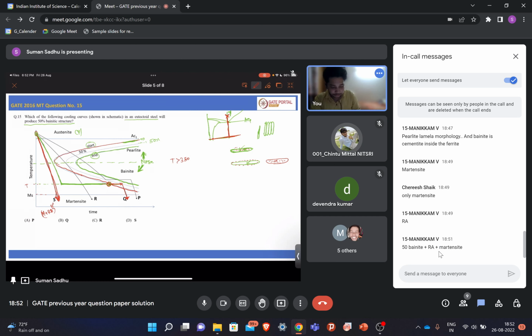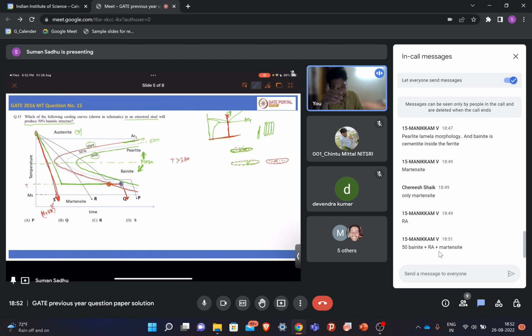As it is touching this transformation curve below the nose, it will start forming bainite from here, and then it is touching the 50% transformation line. So that means up to this point, 50% transformation to bainite has occurred. Then we are quenching it. At this point we have 50% bainite plus retained austenite, right?